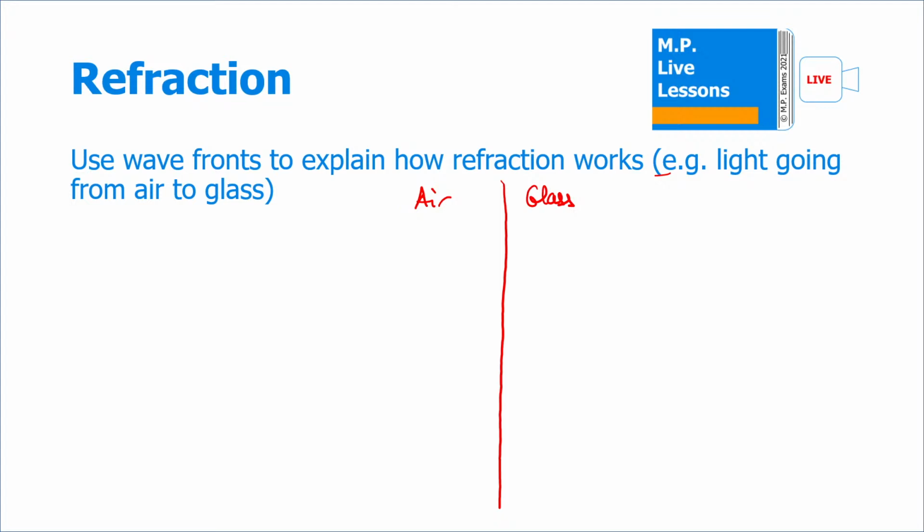Now, if you've been paying attention, even though you're not part of triple science, you notice that there was a light practical where a light ray was shone from air and then into glass. So it's best to think about this light ray that enters the glass as a little wide wavefront. Something like this. Like a longitudinal wave almost.